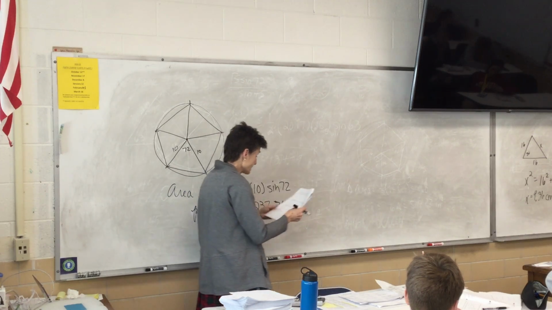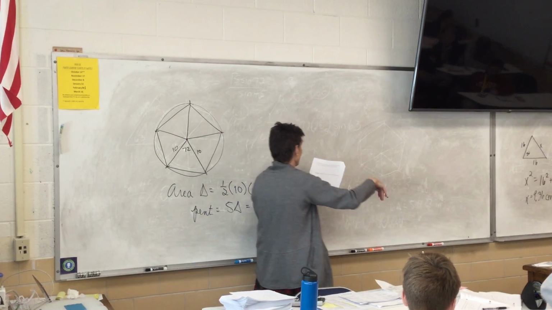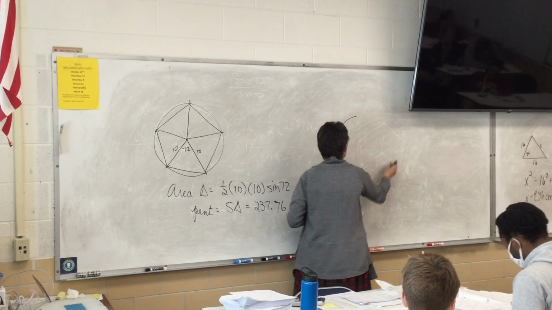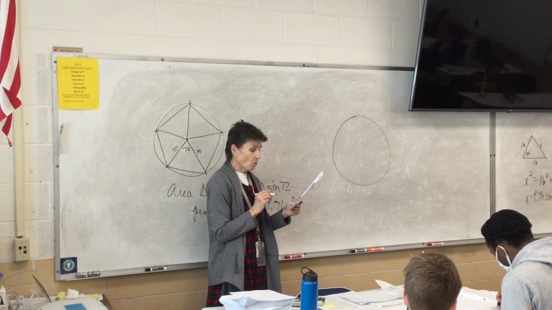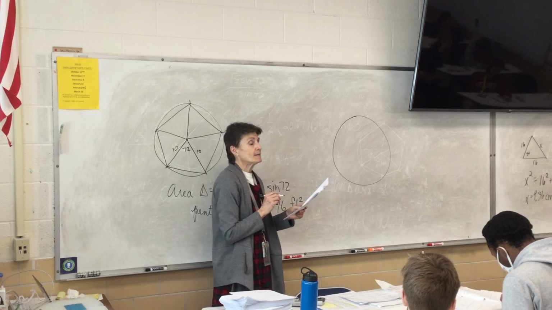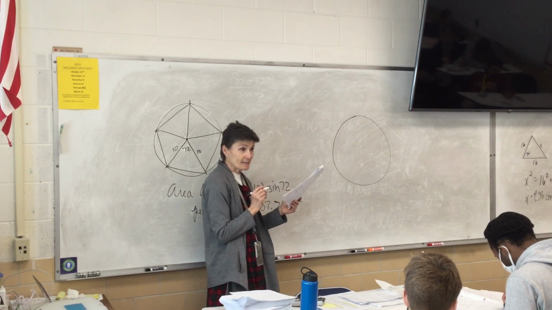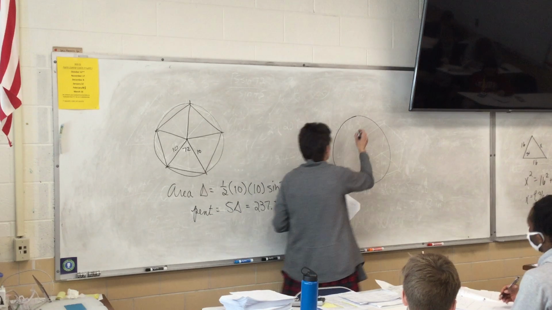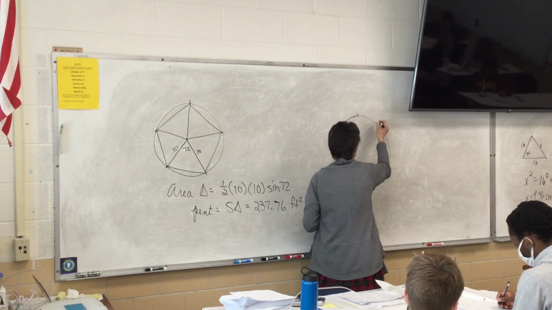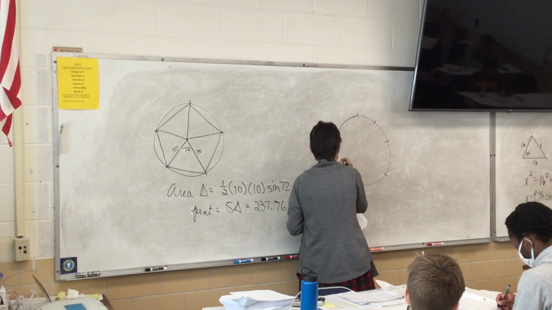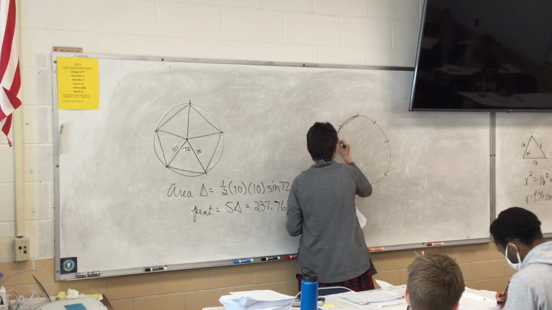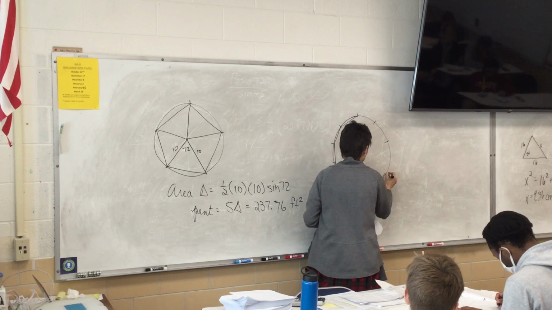Okay, let's get down to what we did before. Let's go down to number 4, because it's the same kind of problem. This time, in problem number 4, we have a decagon, which means 10. Alright, so I have 10 marks around my circle.